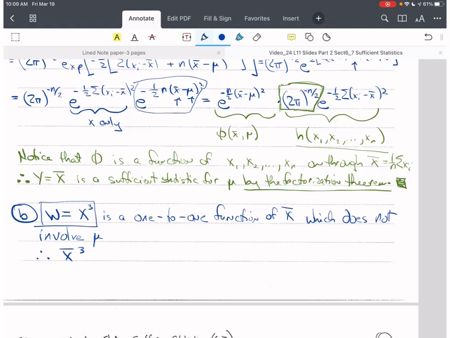So therefore, x bar cubed is a sufficient statistic for mu, as is x bar to the fifth, x bar to the seventh, and so forth.